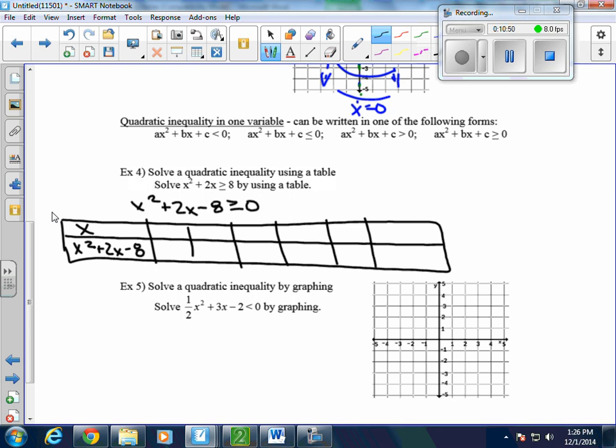If this y value is greater than or equal to 0, it means it is above the x-axis. If it's less than or equal to 0, that is below the x-axis. So our goal is to find the point where these change directions. So what we need to do is just plug in some points. We don't know where they're going to be. We're just going to start with some points and see if we can find out where it is.